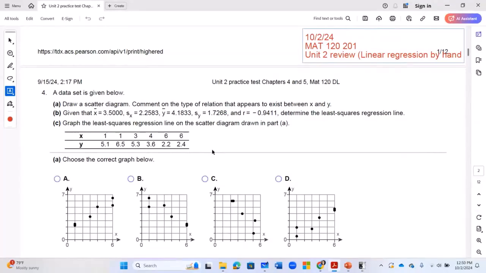So we're going to draw a scatter plot. We have calculated the predicted equation by hand, so now we are about to do a scatter plot. We go to L1 and L2 and put the explanatory variable in L1 and the response variable in L2.